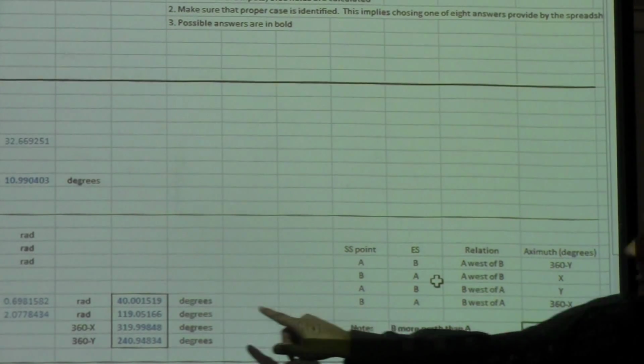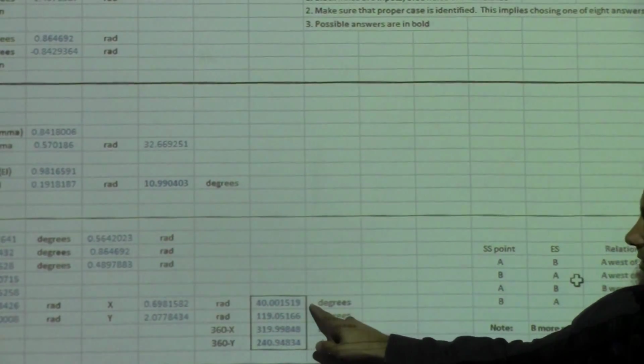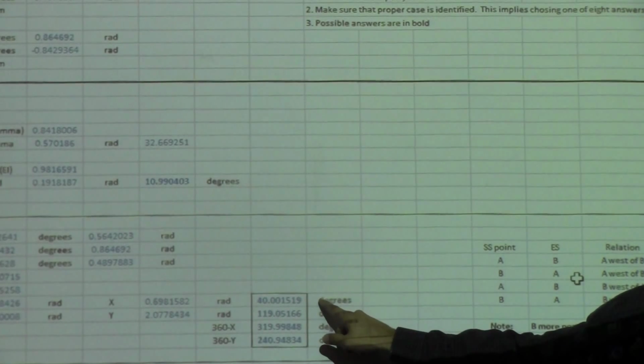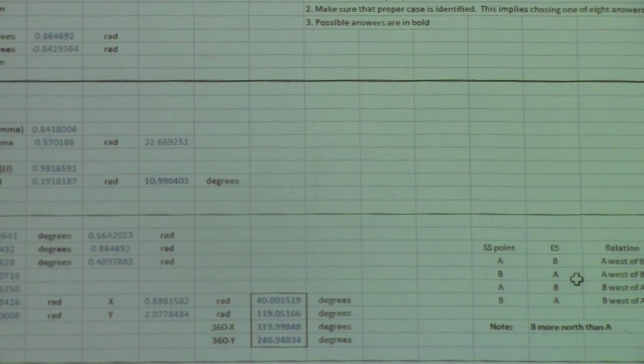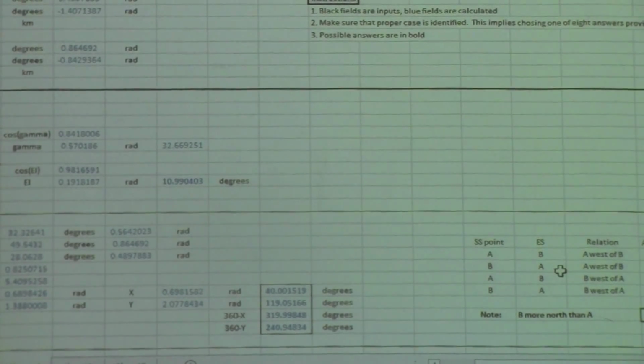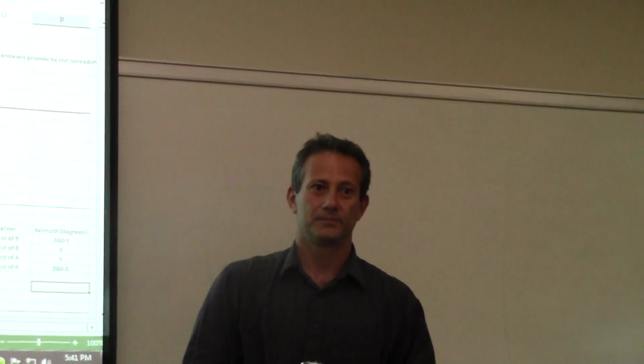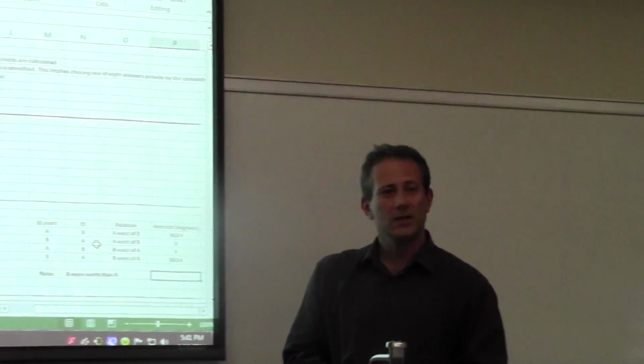And if you look at X here, this is X, and that means your azimuth is 40 degrees, right? So if I were to point the antenna to the satellite, I would point it at 40 degrees from the north, and I would point it 10 degrees up in the air, toward the satellite, right? Okay? Any questions here?